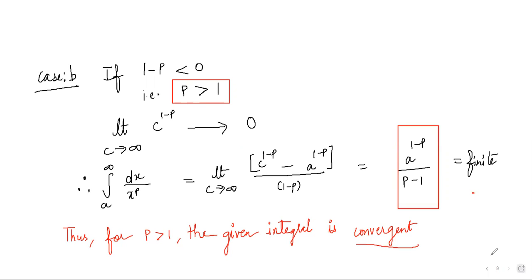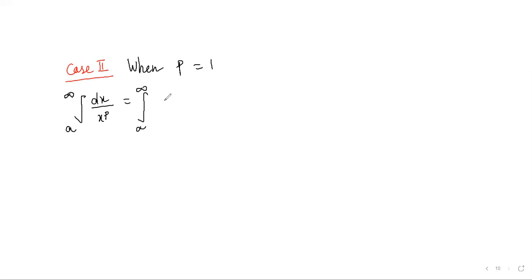Now let us consider case 2, when p is equal to 1. In this case, the integral from a to infinity of dx upon x raised to power p becomes the integral from a to infinity of dx upon x.